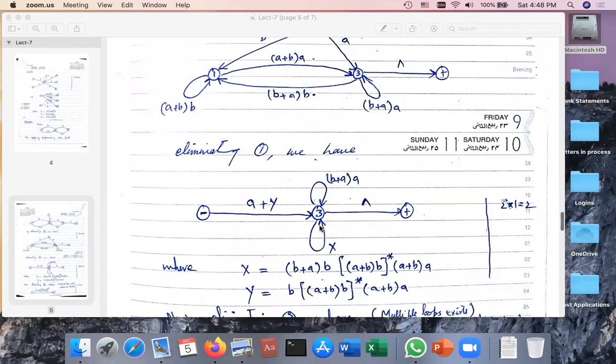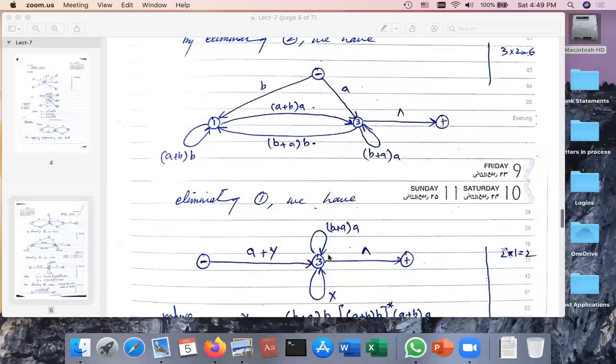This is the loop: b plus a, this one here, a plus b whole star here, and a plus b into a here, and I can call it x. So this is the cycle that is now removed; it started from state 3 and ended again at 3. So you can introduce a loop label with x here.